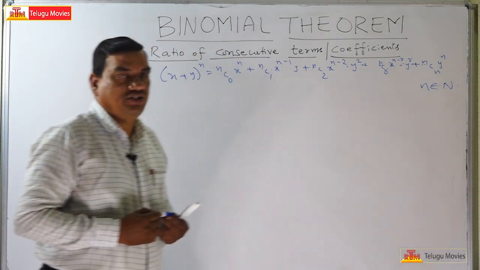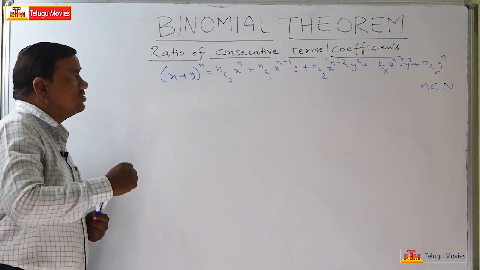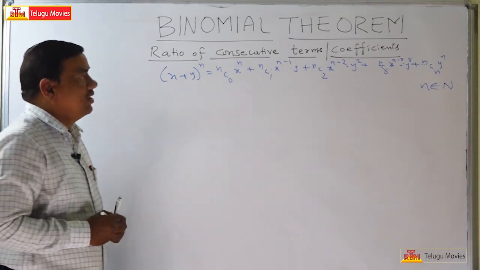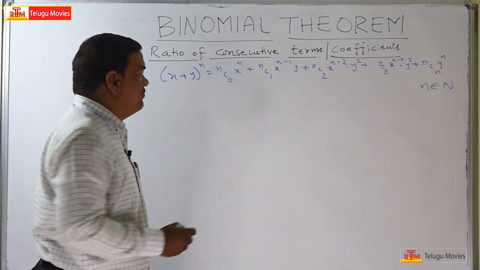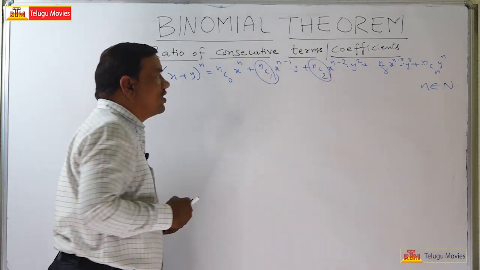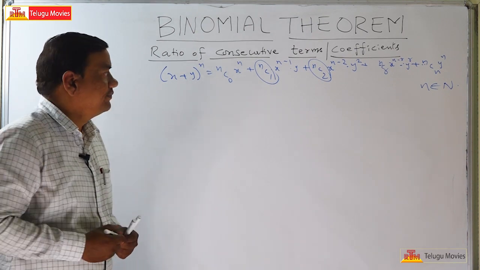Now coming to the ratio of consecutive terms and consecutive coefficients. Let us see the binomial coefficients. Here nC1 and nC2, these two are called consecutive, that means side by side.